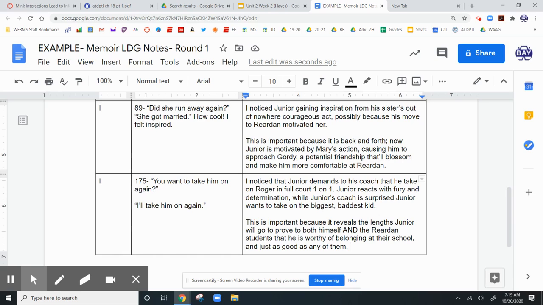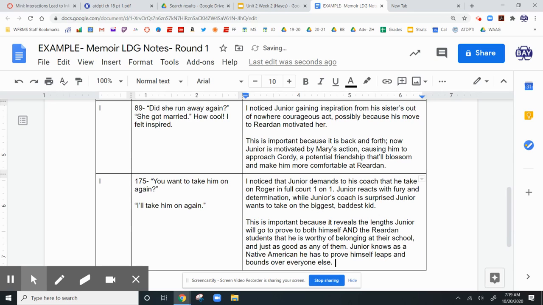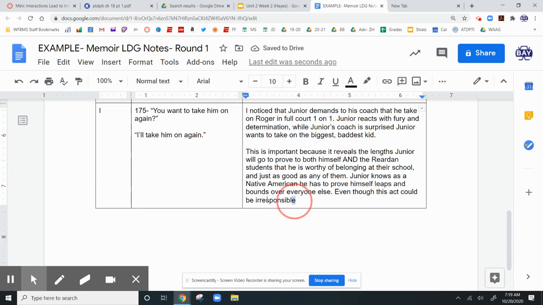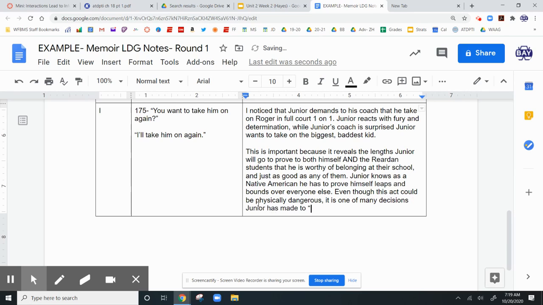So I'm going to include that thought too. Junior knows as a Native American, he has to prove himself leaps and bounds over everyone else. And now I'm going to get to my inference. So even though this act could be physically dangerous, it is one of many decisions Junior has made to put himself out there.